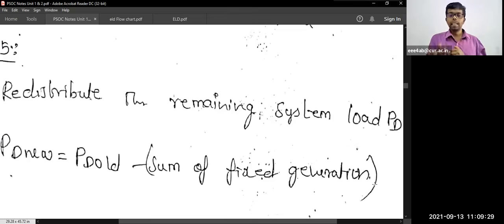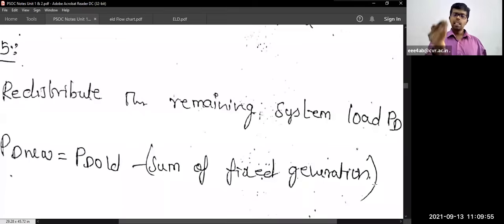So what we did in that case is, one generating unit, P1, violates its upper operating limit, or maximum operating limit. So we fixed that value to its maximum operating limit, say 300 megawatt.